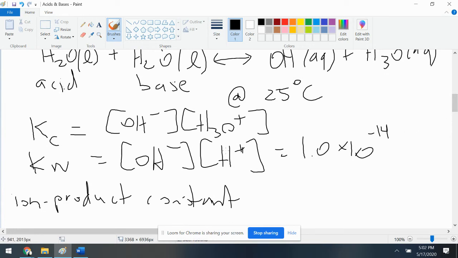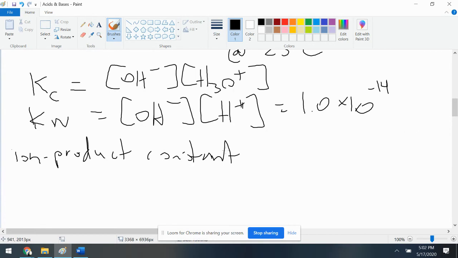So last thing is, wait a minute. If we know the ion product constant is 1.0 times 10 to the negative 14, then what's the concentration of the OH minus and the H plus?